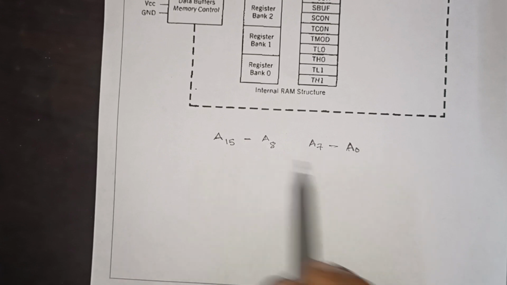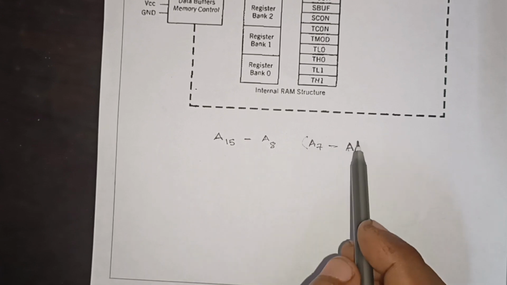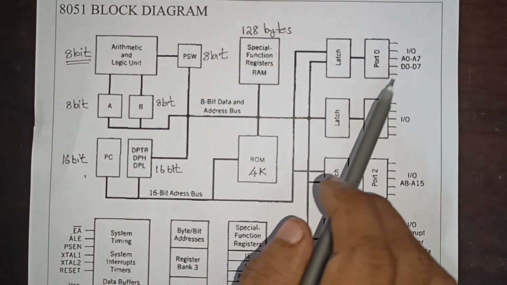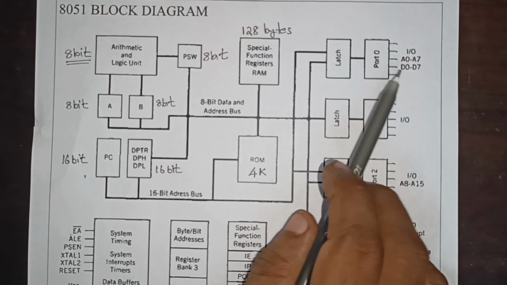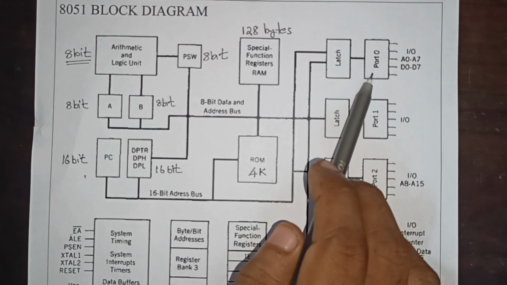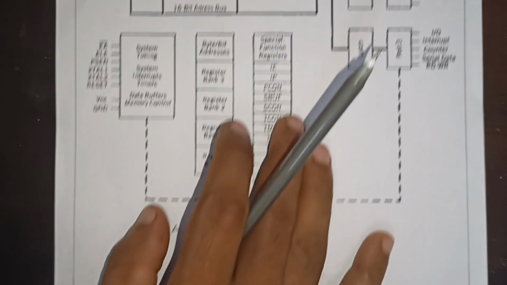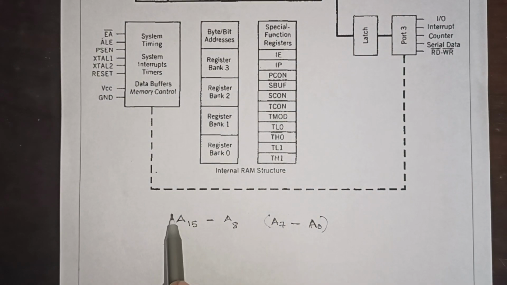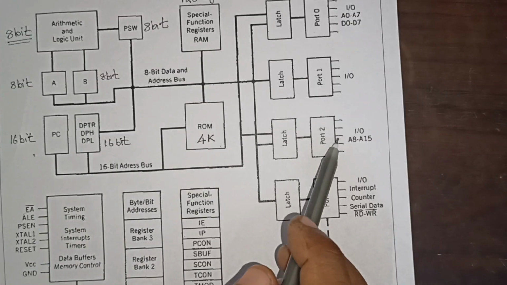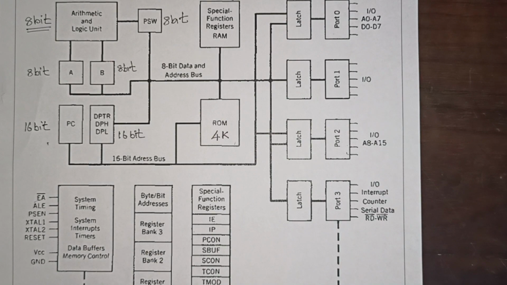Of these 16 wires, 8 wires are given to one port, because each port has only 8 wires. So A0 to A7 goes through port 0, and the rest, the higher 8 bits A8 to A15, goes through port 2.